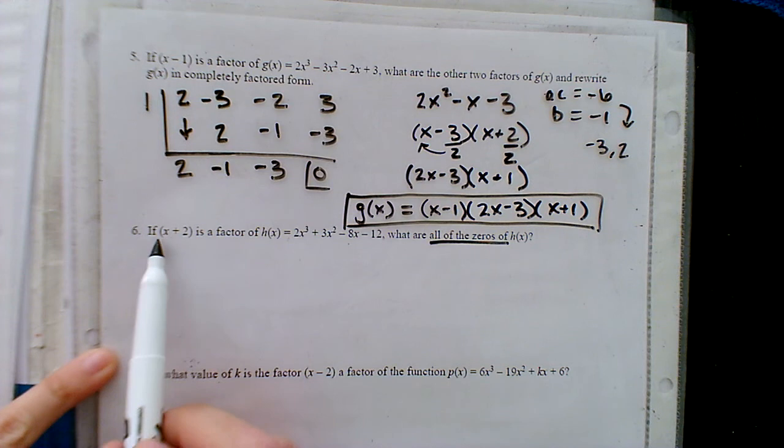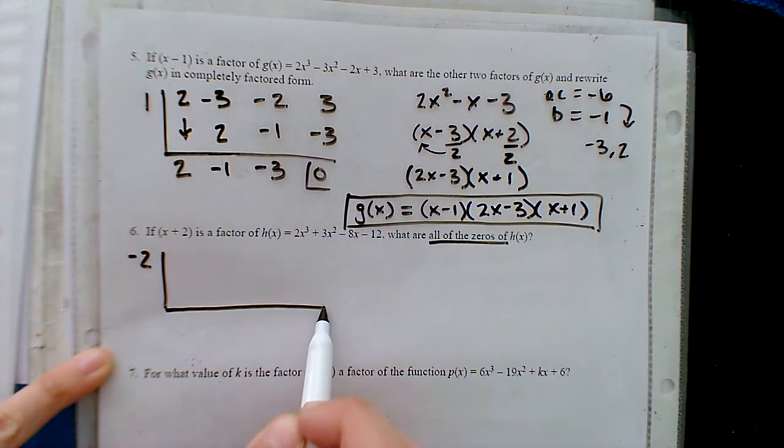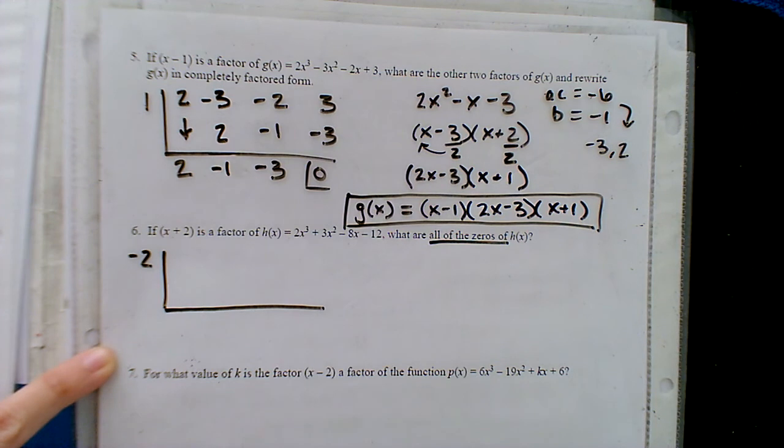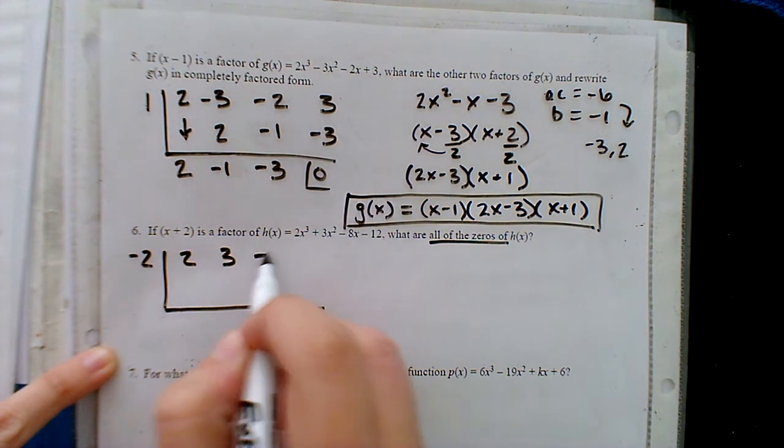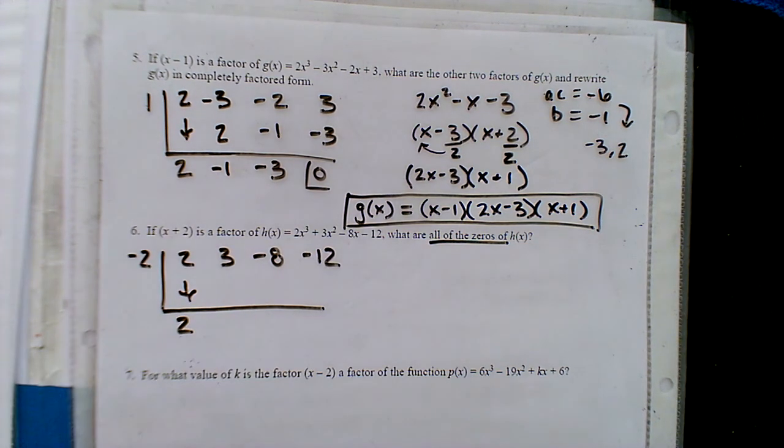Let's first see if this divisor is a factor. We'll go ahead and set up our division. Looking at the polynomial, the powers are in order, and we are not missing any, so the coefficients are good to go. Drop the 2, and we'll go through division.